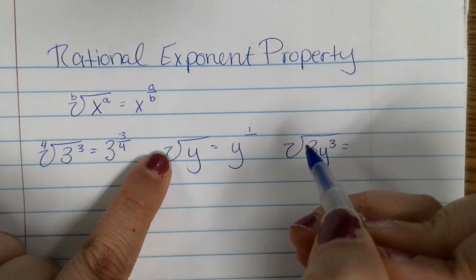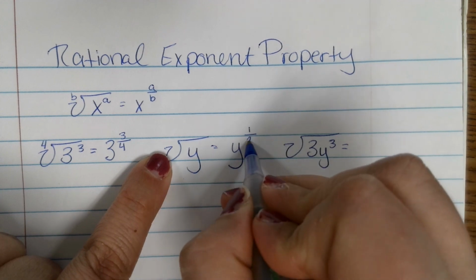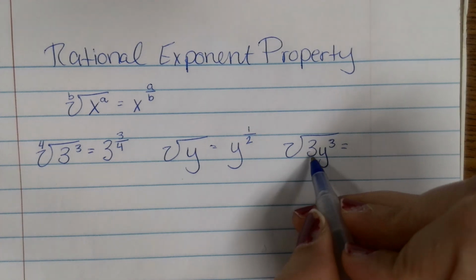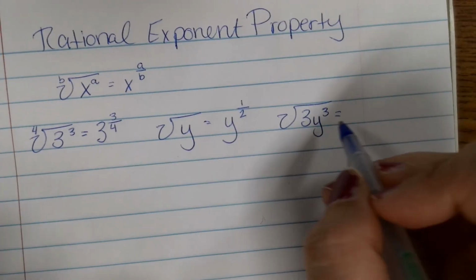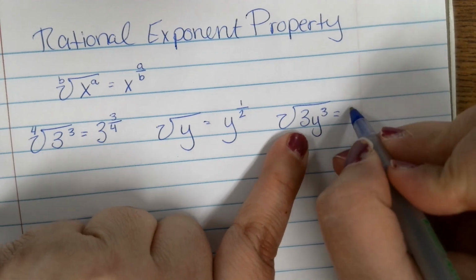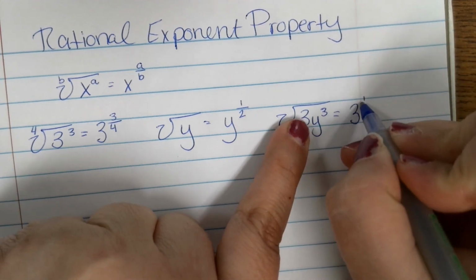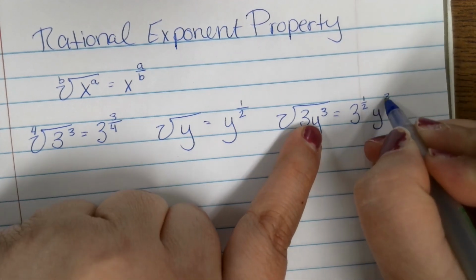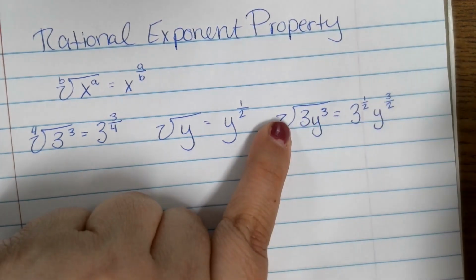If I have an understood index, it's a 2. Then for this one, another kind of a harder step, I'm going to do it for each individual coefficient. My 3 has an invisible 1 and an understood 2. Y has my exponent and an understood 2.